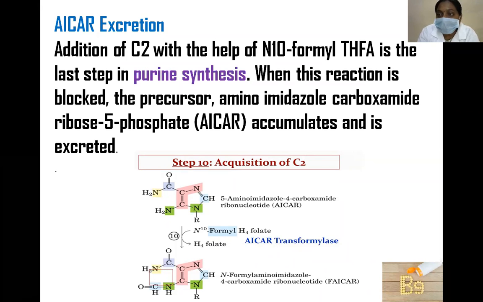This is the last step in purine synthesis. So this reaction is mainly blocked, and the precursor, aminoimidazole carboxamide ribonucleotide, is mainly accumulated at ribose 5-phosphate. So it is finally accumulated and also excreted.